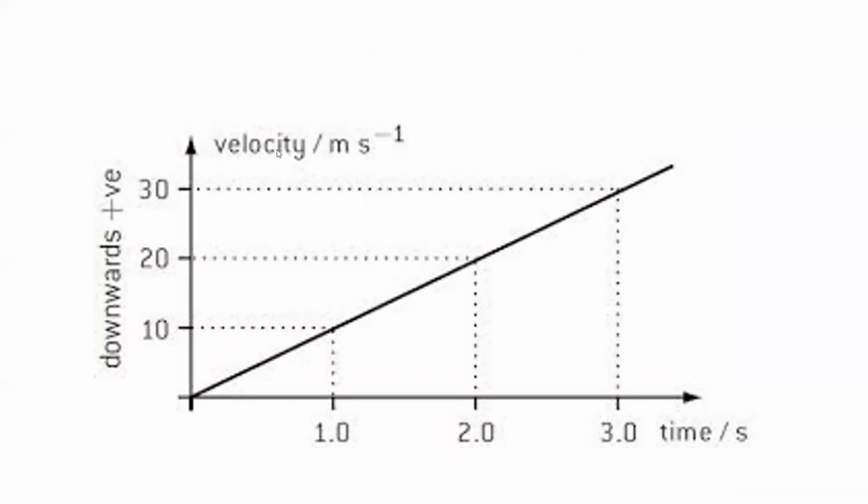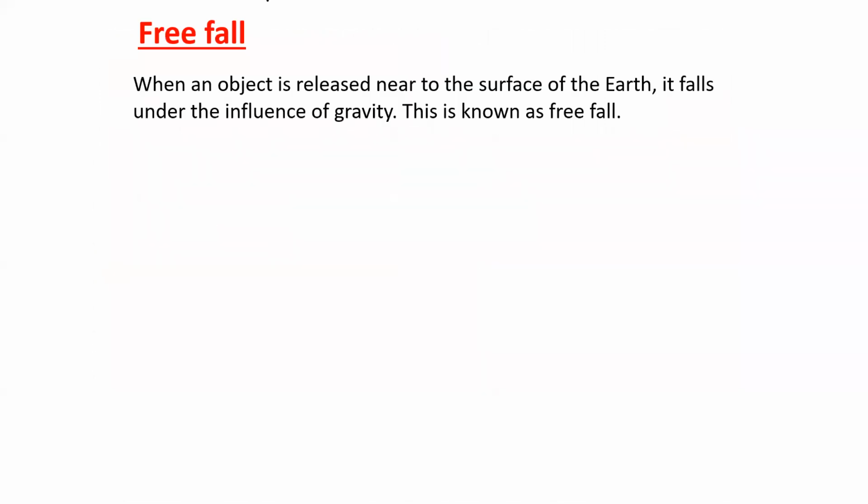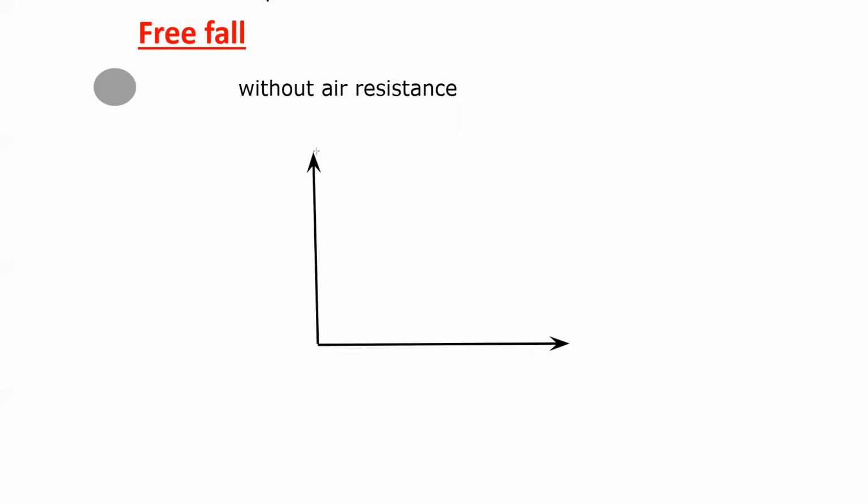so if we want to sketch a graph for falling objects without air resistance, a velocity time graph, on the x-axis we have time, so that is 0, 1, 2, 3, 4 and 5, and for example 10, 20, 30, 40 and 50.